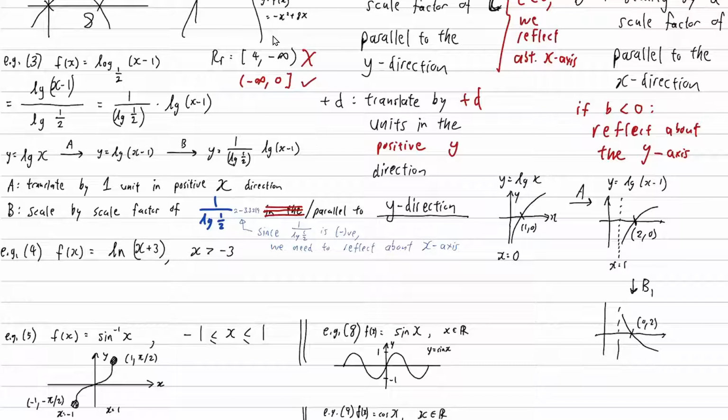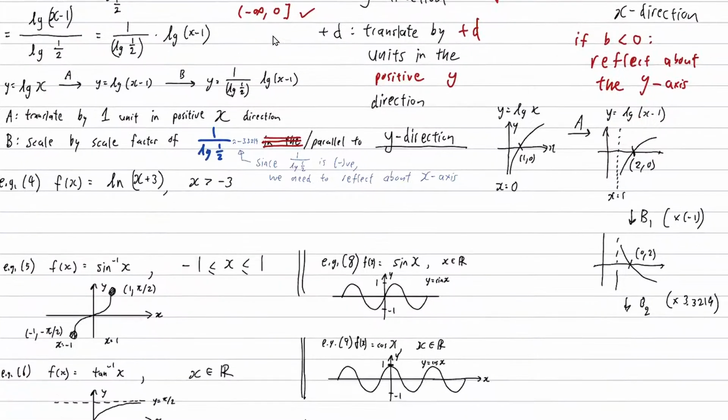B part 1 means you flip, or in other words, I should be more precise, it means you multiply by a -1. Then b part 2, you multiply by the 3.3219, which means that you will essentially make it steeper.